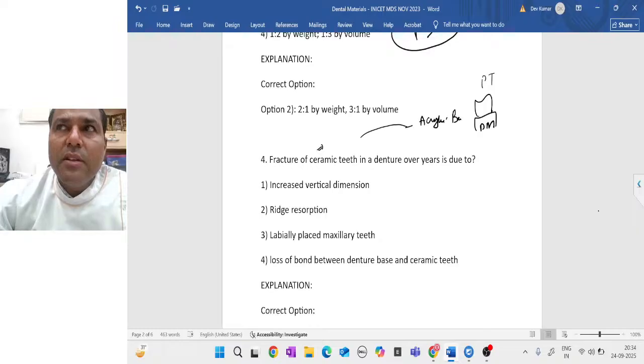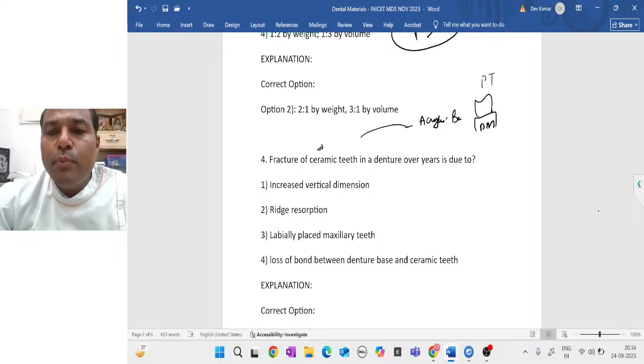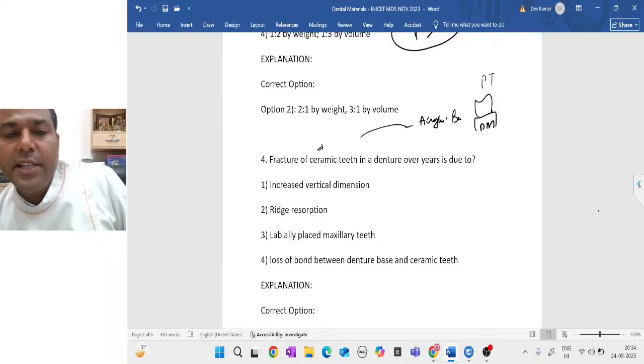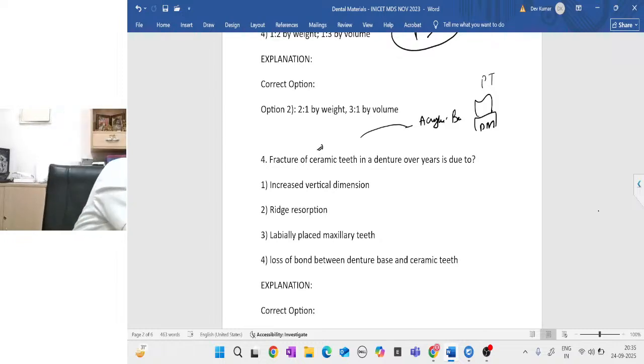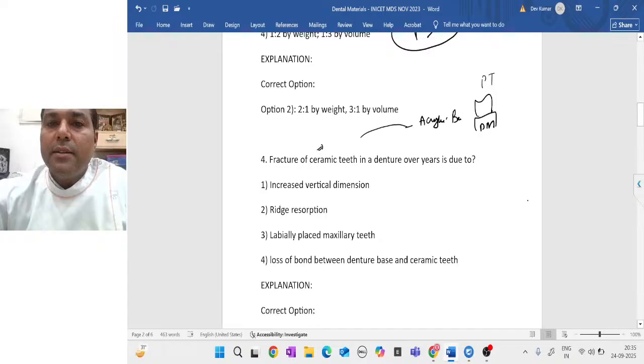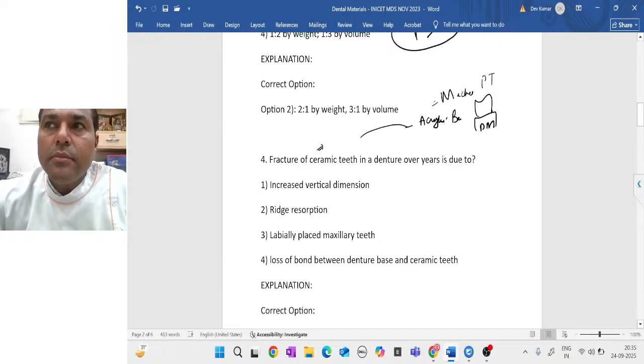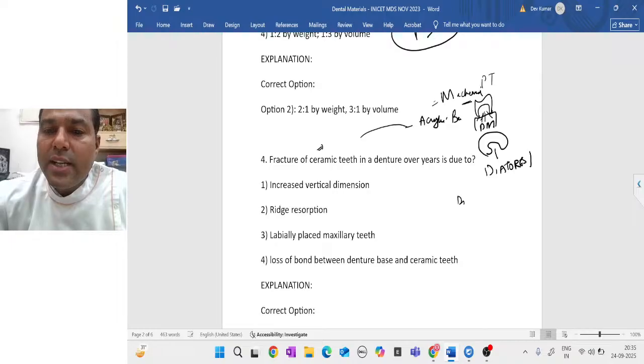We must understand that the bond between the porcelain teeth and the denture base is mainly a purely mechanical bond. ये एक और important question आता है: for better mechanical bond we produce diatoric holes on the base of the porcelain teeth so that the resin can go inside and mechanically interlock.